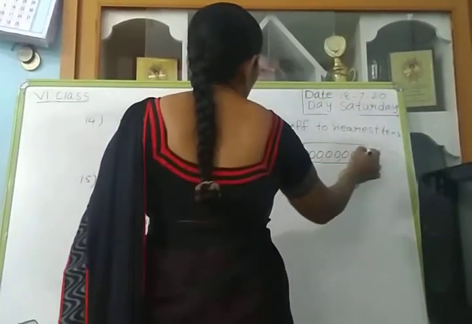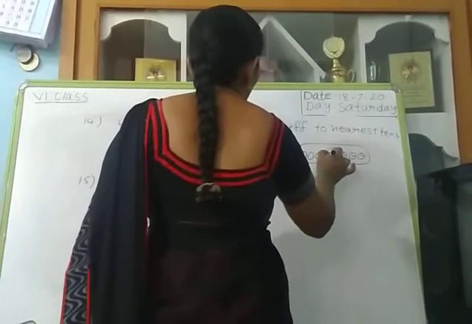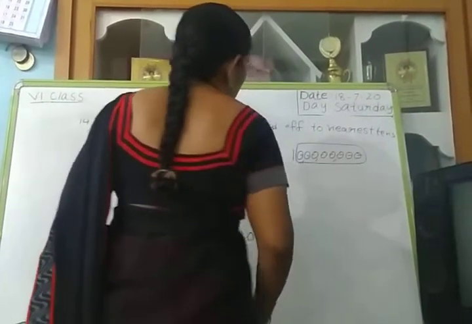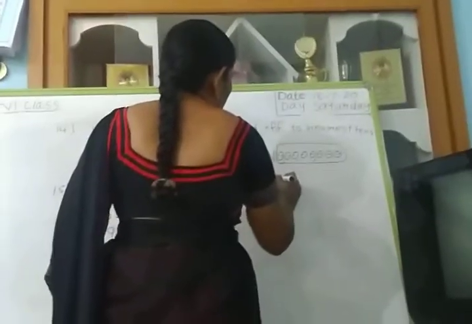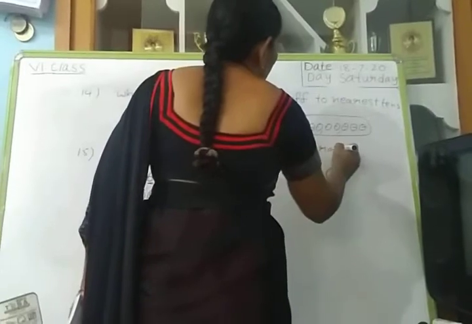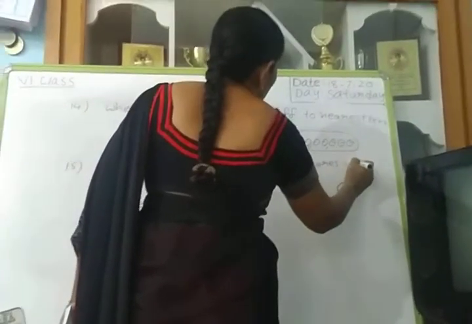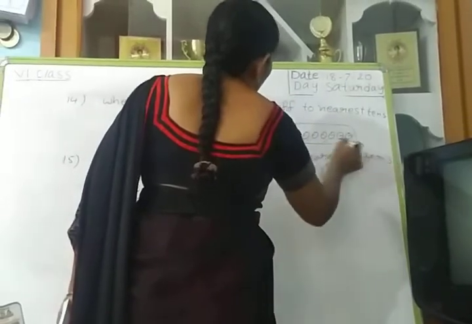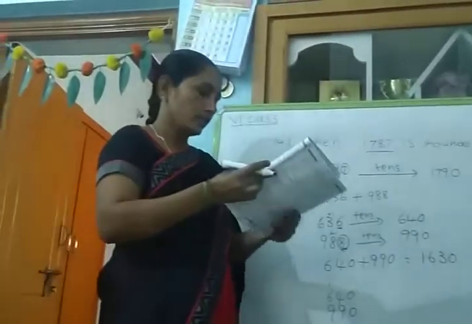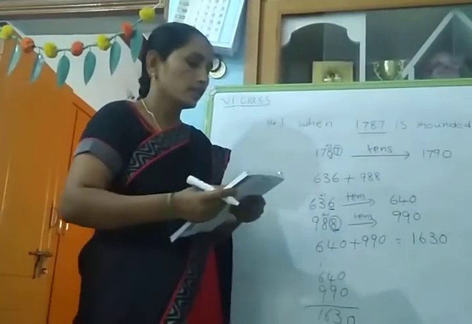How many zeros are there? 1, 2, 3, 4, 5, 6, 7, 8. So in 10 crores there are 8 zeros. Digits means 9 digits, but zeros are 8. So option D. 17th one.